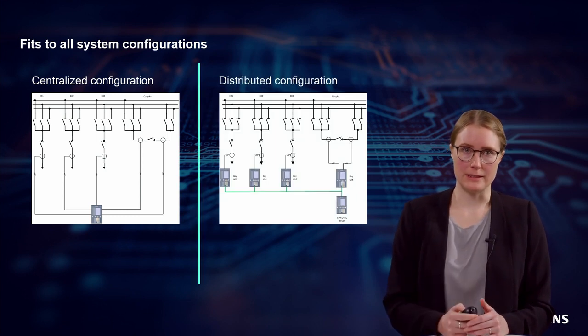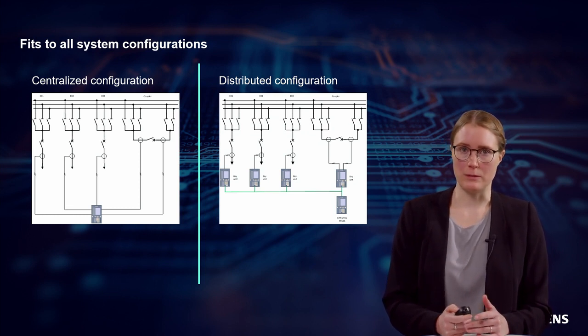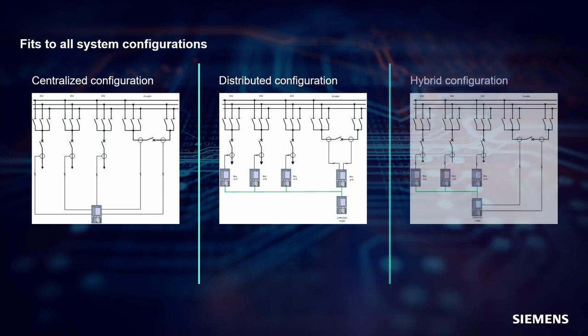You can realize a distributed configuration where all the process signals are connected to merging units and the merging units are connected via process bus to the central unit. Or you can realize a hybrid configuration where some data is collected by merging units and some of the process signals are directly wired to the 7SS85.